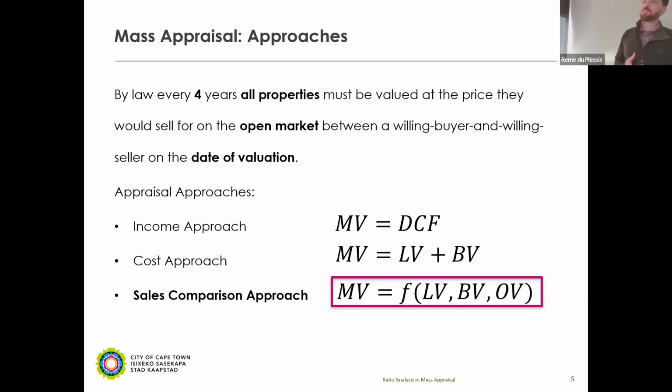Our team, as the mass appraisal, is to take the sales from our current general valuation period, which is generally the last 3 years, and construct models to, in a systematic manner, appraise the properties.